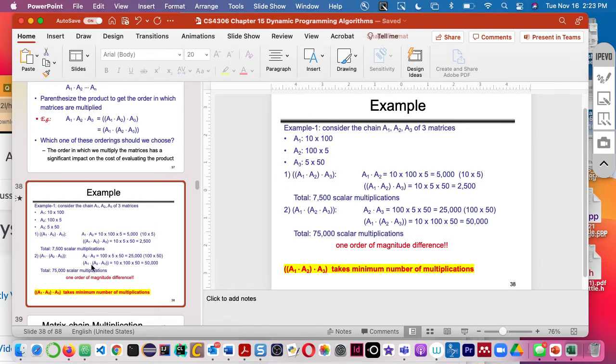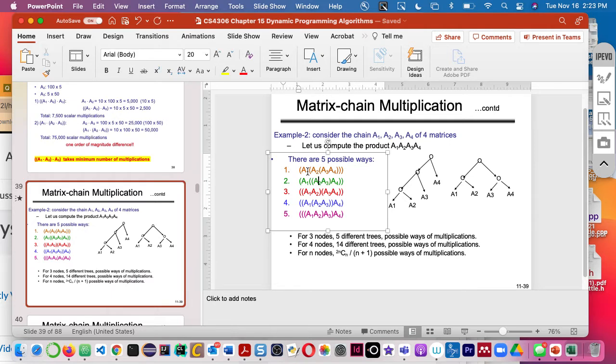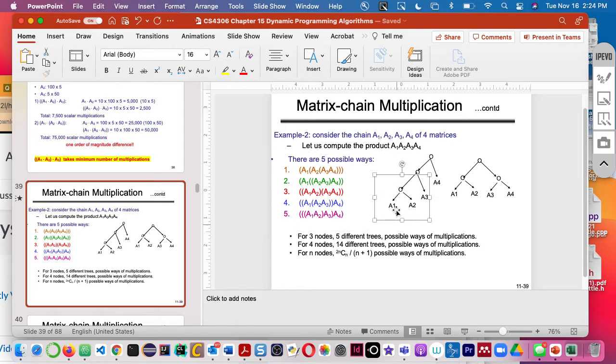So let us see. Another thing is why you need to find an efficient way. For instance, if I have 4 matrices, A1, A2, A3 and A4, there will be 5 possible ways for multiplying them.